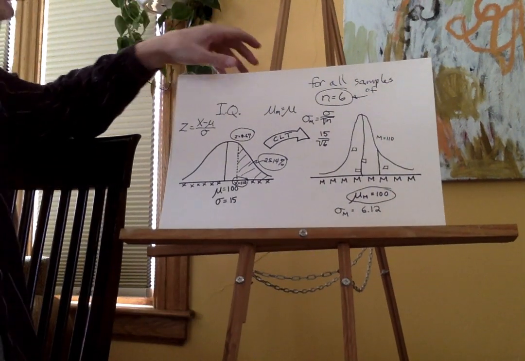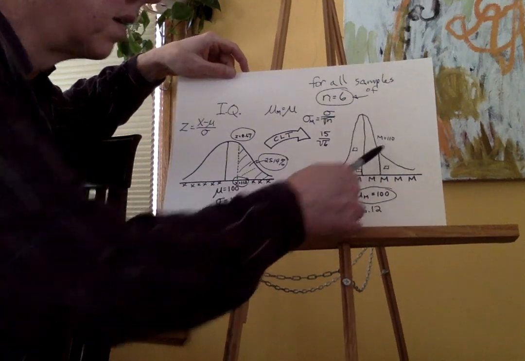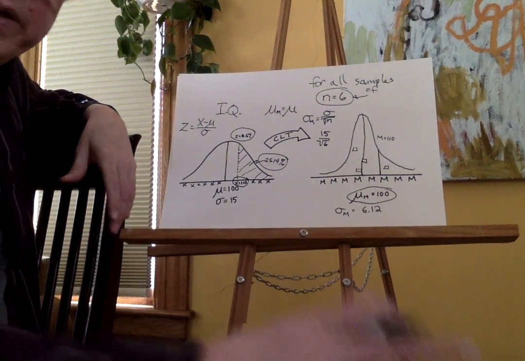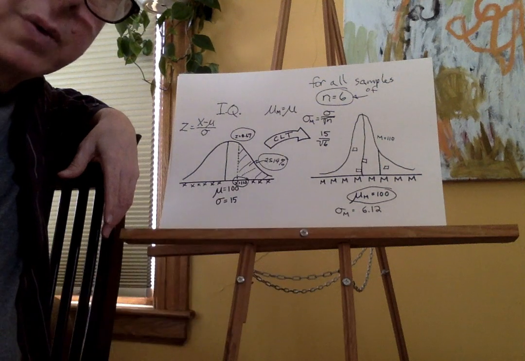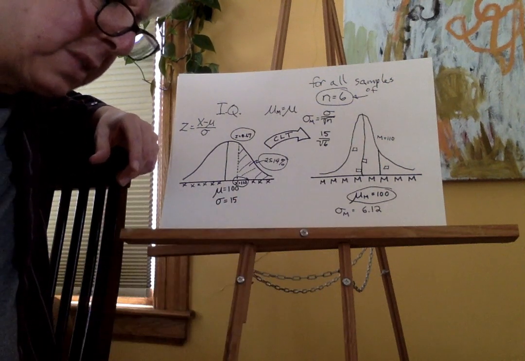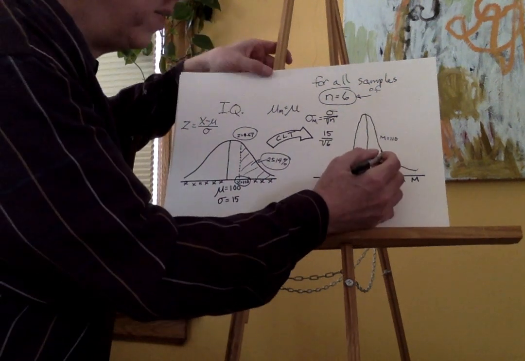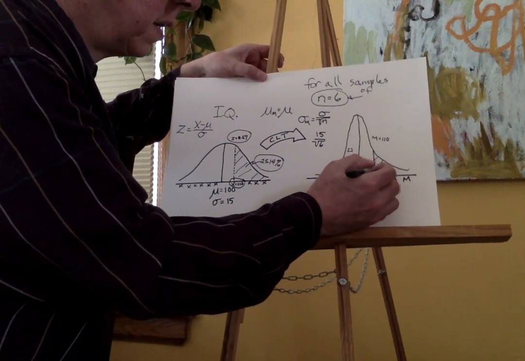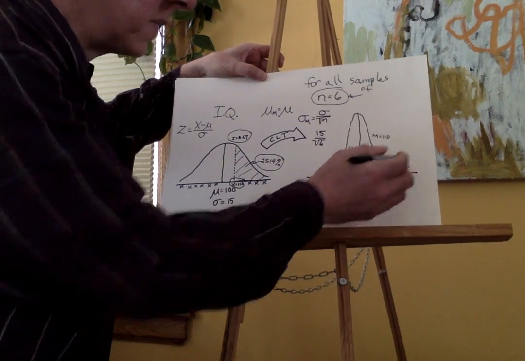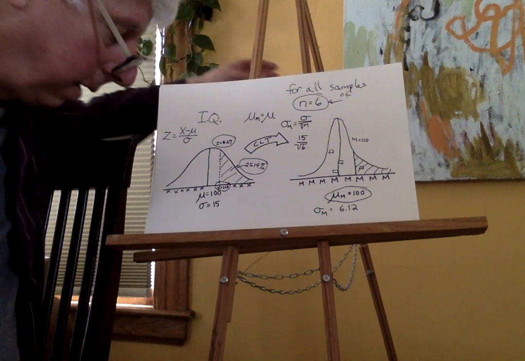So now I'm not talking about an X score of 110. I'm talking about a mean of 110. What's the probability that I'm going to randomly select 6 people from this population and the mean for the sample is going to be above 110, okay?